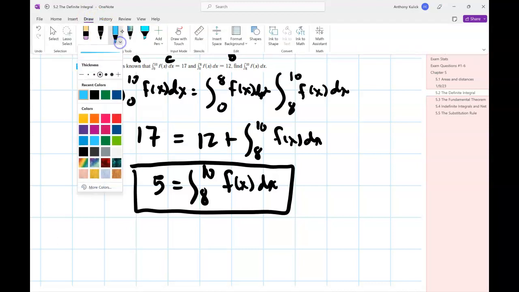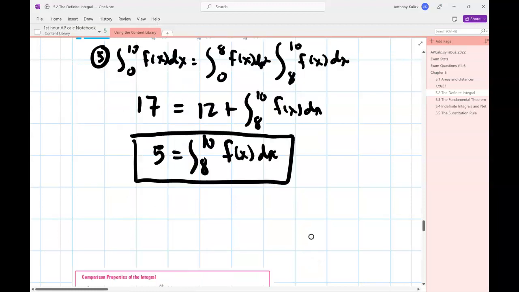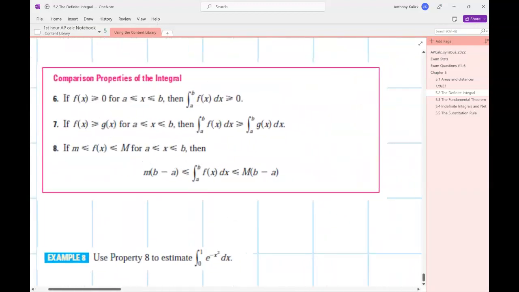We have some comparison properties for integrals also. If my function is positive for x between a and b, then if I calculate the integral, that has to be a positive value also.